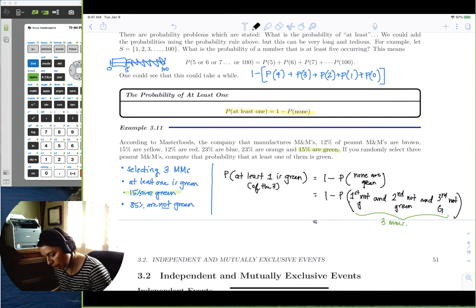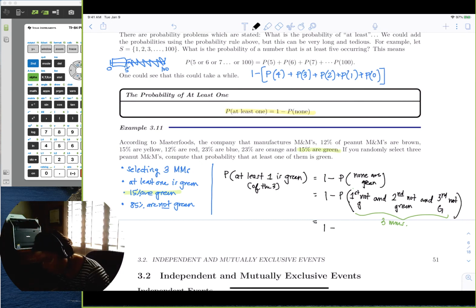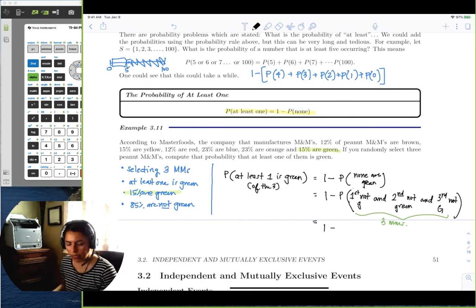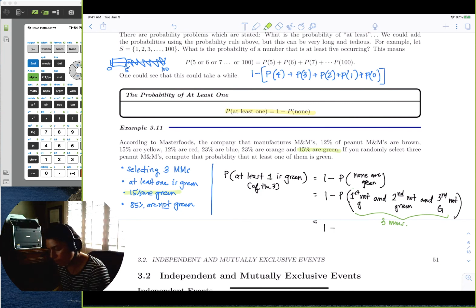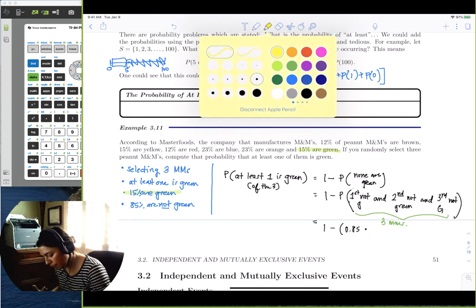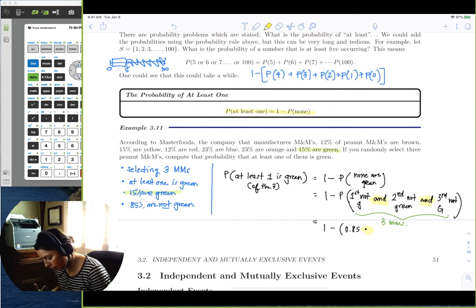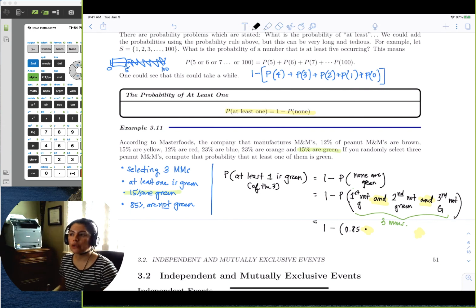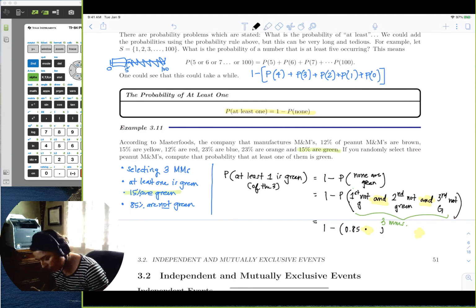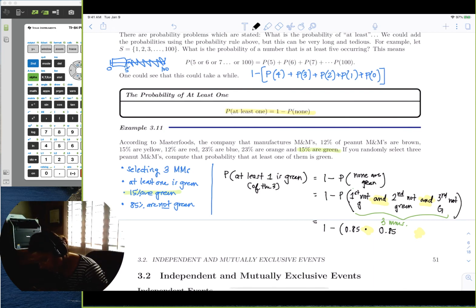So it'll be 1 minus, well, what is the percentage of the first one not being green? That's what we looked at over here, and we said 85%, so 0.85, and this is multiplication, right? The second one is also not green, which we said was 0.85, and 0.85. So essentially, this is just going to be 1 minus 0.85 cubed.